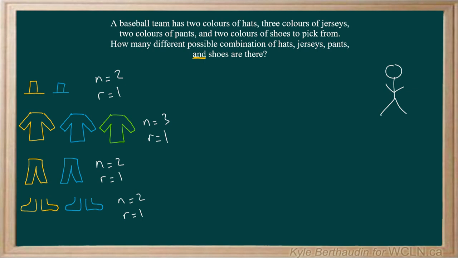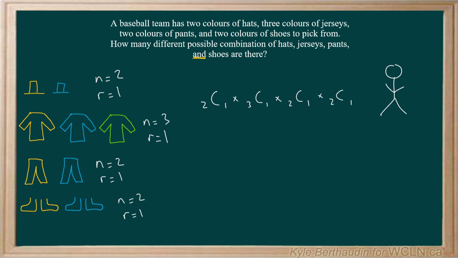So if we're looking at our number of hats, to choose 1, but we're also looking at the combinations of jerseys in there as well, we have to multiply these together. So 2 choose 1 for the hats, multiplied by 3 choose 1 for the jerseys, multiplied by 2 choose 1 for the pants, and then multiplied by 2 choose 1 for the shoes.